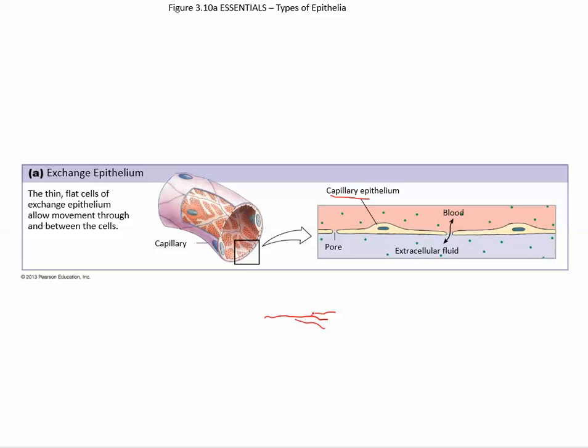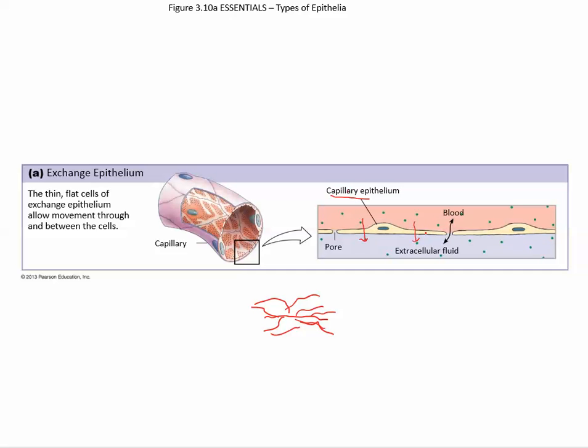Okay, so you have capillaries all over. That's why you blush. You have capillaries very close to the surface of your skin, but they're very thin and they absorb things. Things can move through the capillaries very easily. That's why you can breathe and things go into your bloodstream, because there's this nice little layer that allows things to move through. Okay, so we call that exchange epithelium.